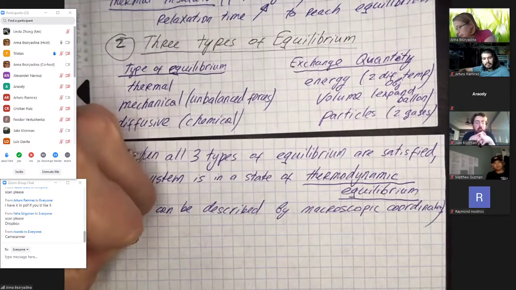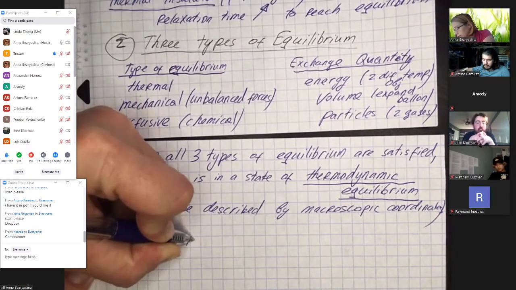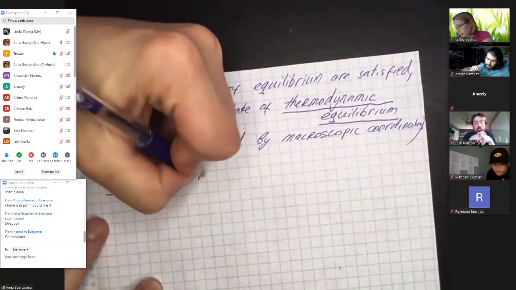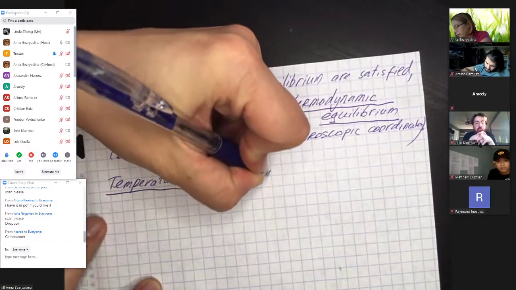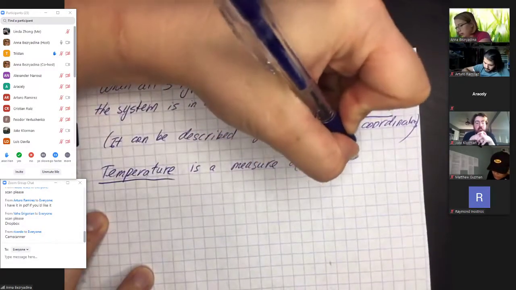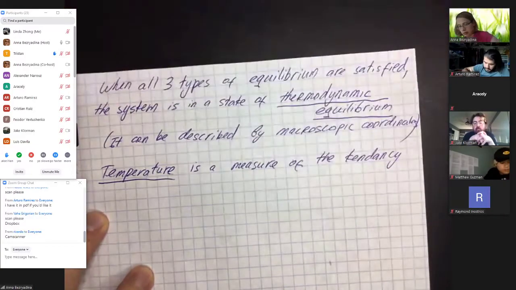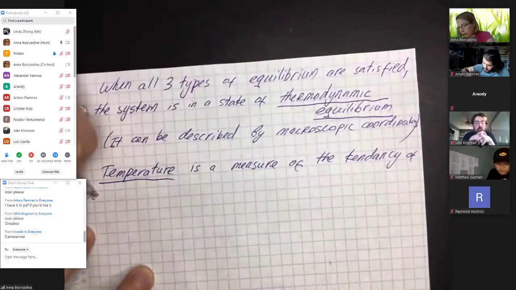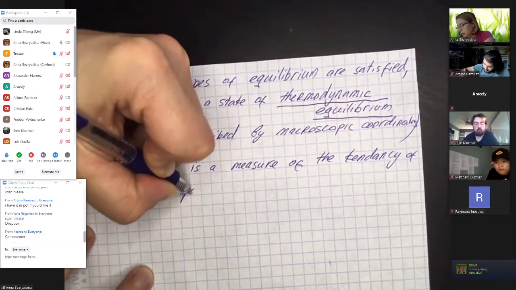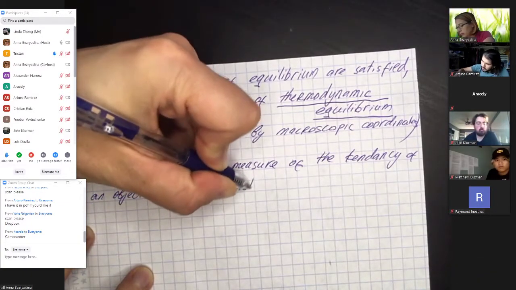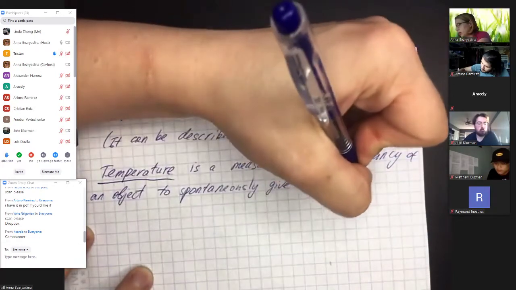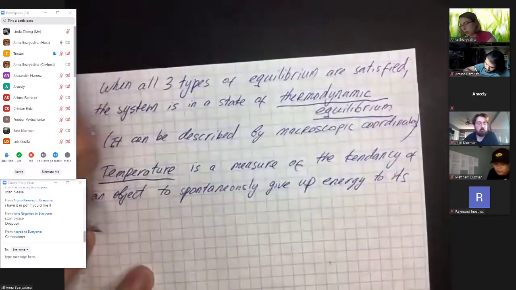So temperature is a measure of the tendency of an object to spontaneously give up energy to its surroundings.